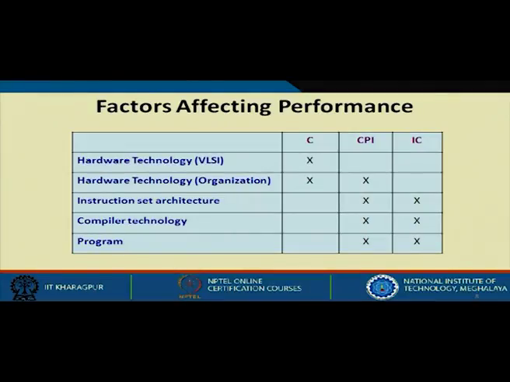The compiler must know what kind of hardware architecture you are using, so that it generates code that is easy to execute and requires fewer instructions. And of course, the program itself affects both the CPI and the instruction count.